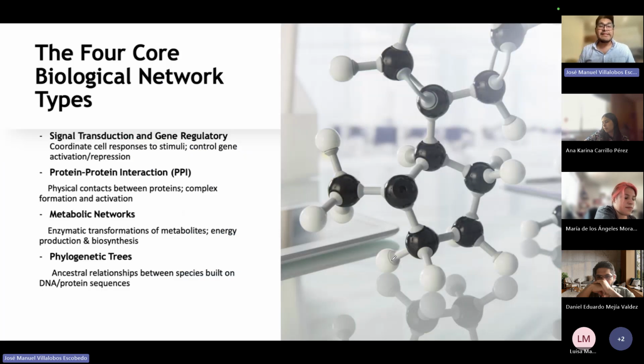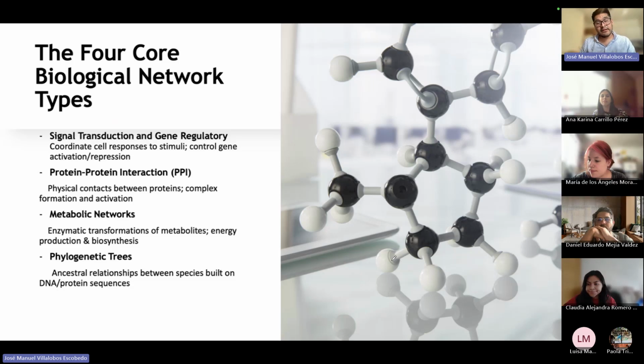So what kinds of networks will we see? There are at least 4 kinds of networks. Signal and gene regulatory networks, which are the coordination between the response to stimuli and control of gene activation or repression. Protein-protein interaction, PPI, where there is a physical interaction between the proteins. You know that many proteins are not working alone.